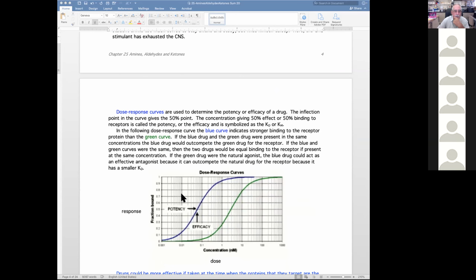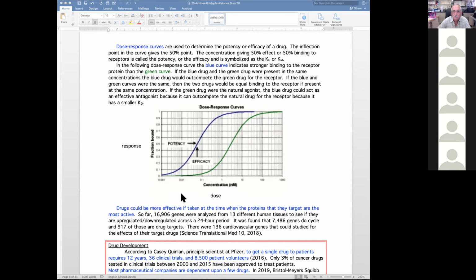So dose response curves are used to determine the potency or efficacy of a drug. And so here is a blue curve, a green curve. I didn't say which one is which. But say this green curve right here is the agonist. Okay.